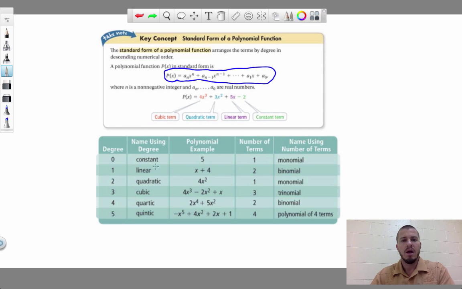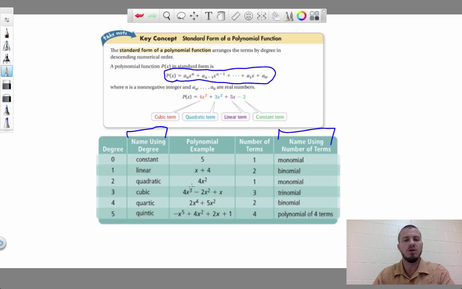And you're going to name these in two different forms, one from the degree and one from the number of terms, which we've been doing as we go along too. If it's a degree of 1, so the highest exponent is 1, like mx plus b, then it's a linear term. If the highest degree is 2, it's a quadratic term. Those we're familiar with.